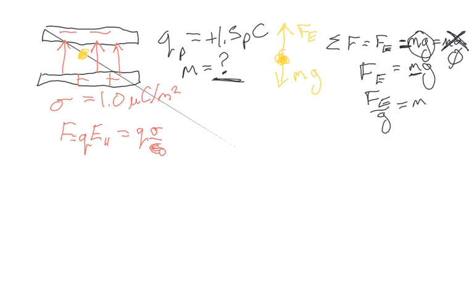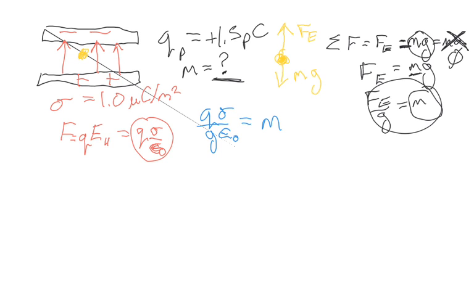So if we know that that is the electric force, we can combine this piece and this piece, and we can get something along the lines of Q sigma divided by g epsilon naught is equal to the mass. And that's where we want to be for determining the mass of our pollen grain.